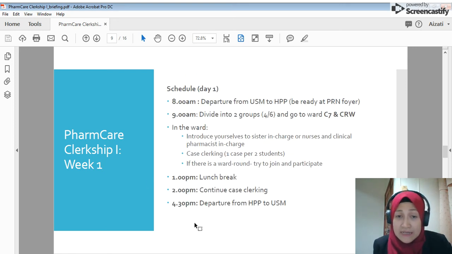Okay, so this is the schedule. You will depart from USM at 8 a.m. sharp. As soon as you get there, you divide yourselves and go to your respective ward, either C7 or CRW. In the ward, you need to introduce yourself first to the sister in charge, or the nurses, or the ward pharmacist, and also the USM preceptors, Puan Gaya or Mr. Ruyan.